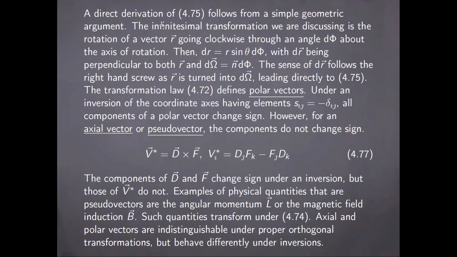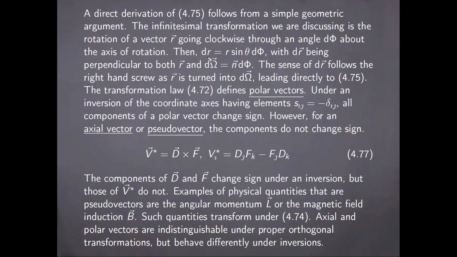We can also derive the result for 75 directly from a simple geometric argument. The infinitesimal transformation we are discussing is the rotation of a vector r going clockwise for an angle d phi about the axis of rotation.